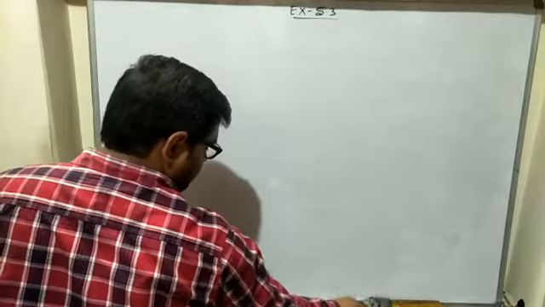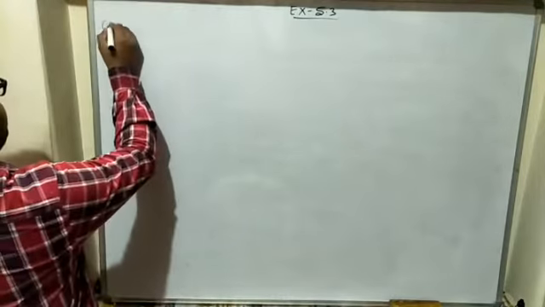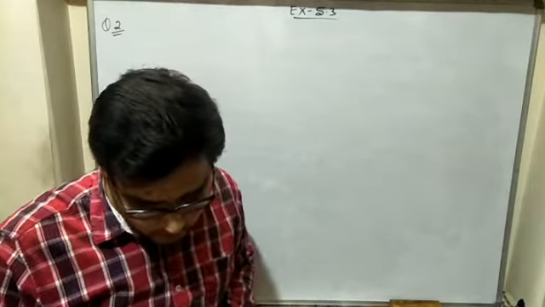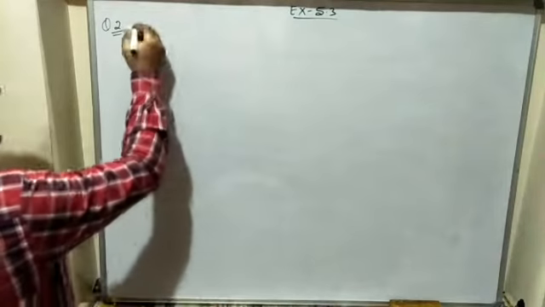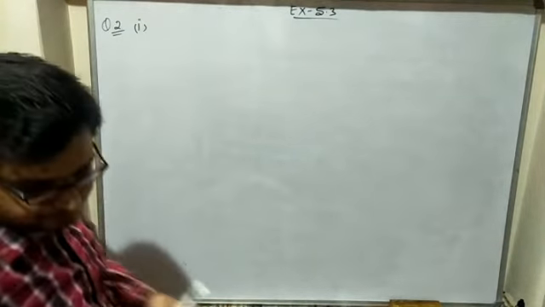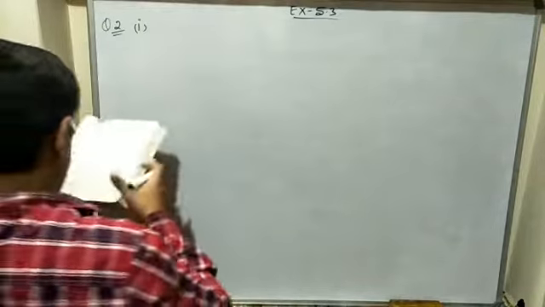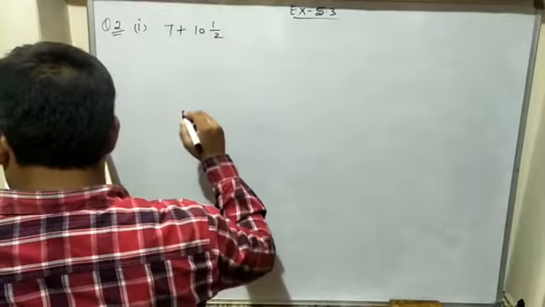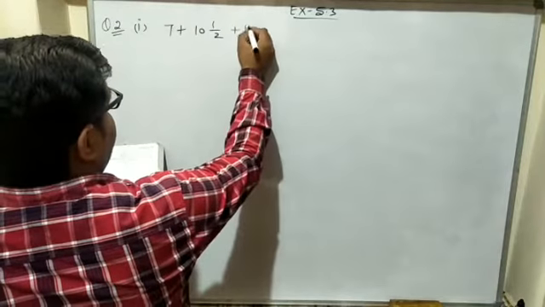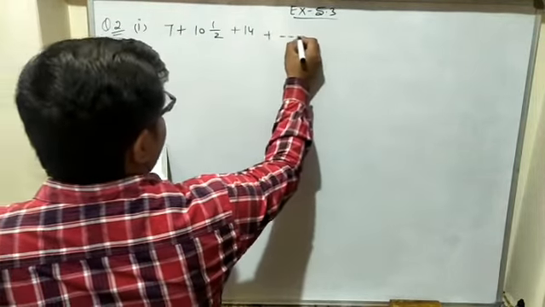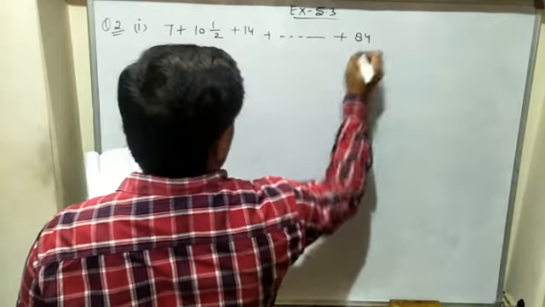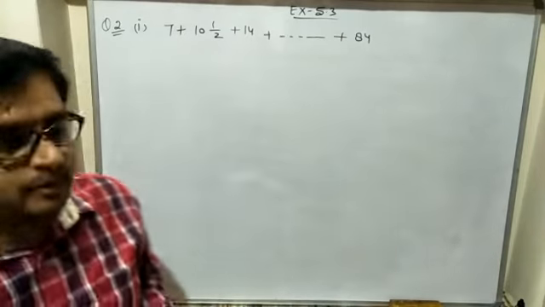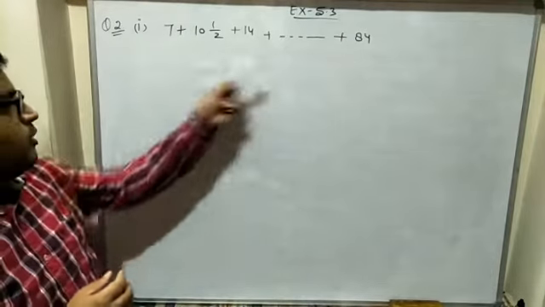So, question number 2, the first part I will explain to you: 7 plus 10 and a half plus 14 and so on plus 84. Find the sum of the following AP given below. We have to find the sum of all these.